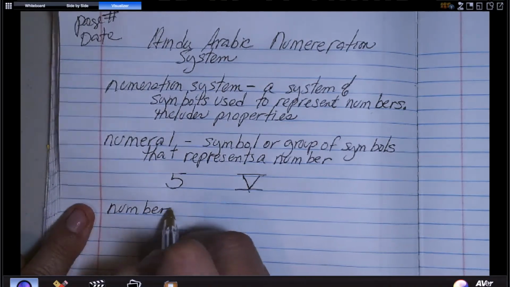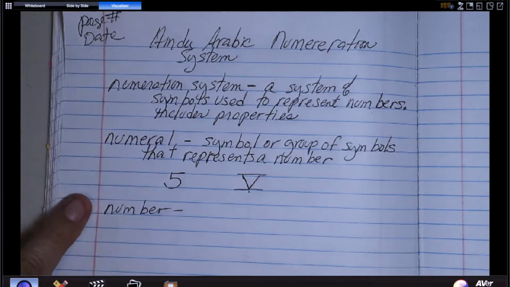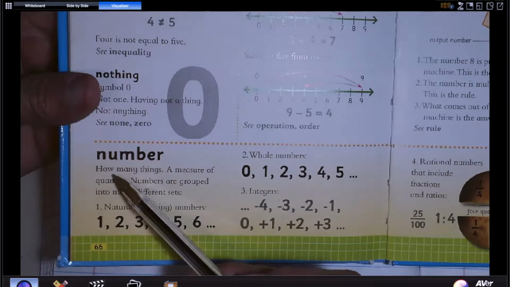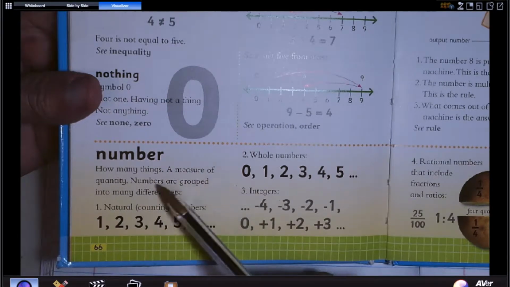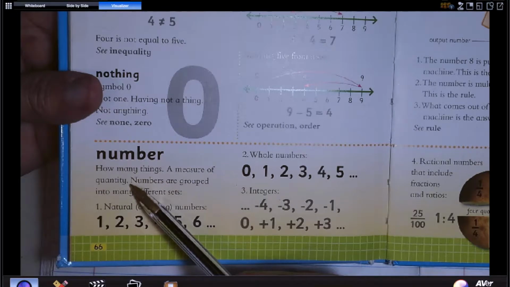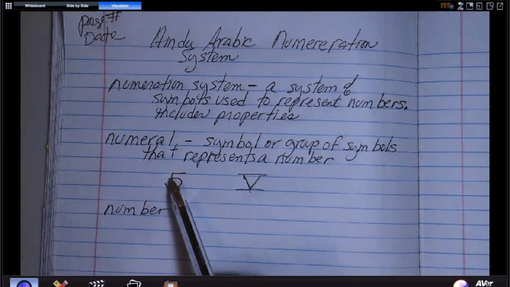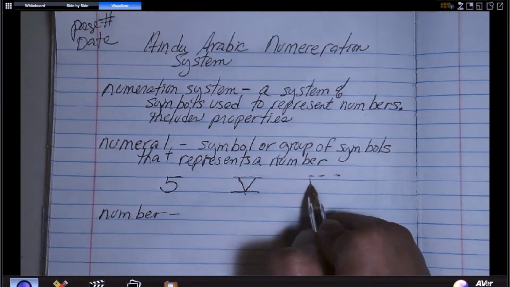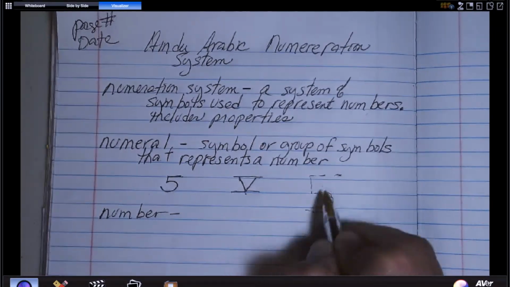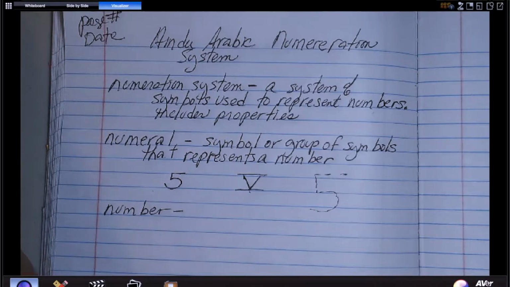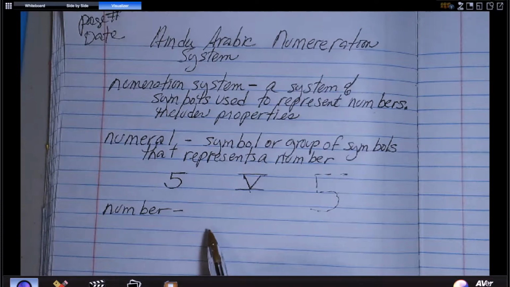Okay, so then what's the difference between a numeral and a number? When we're looking at a number, it says here, how many things? A measure of quantity. So a numeral is the symbol, and you tell the students you go sideways, down. Remember when they used to trace and they would put the dots and the students would have to trace the numerals. But whenever you're referring to how many, or if you're actually counting, then that is a number.